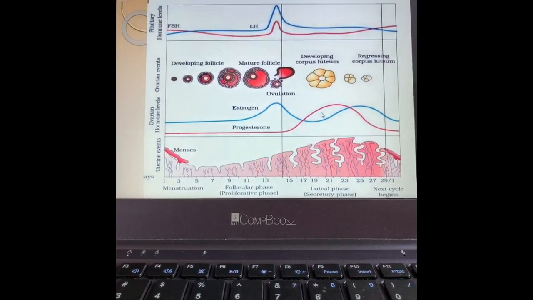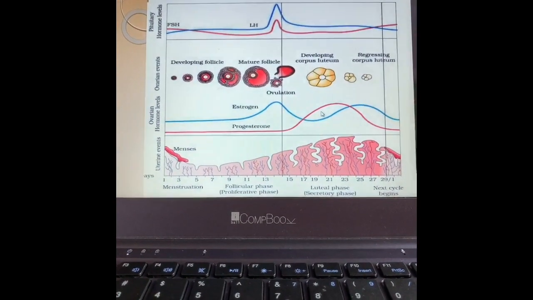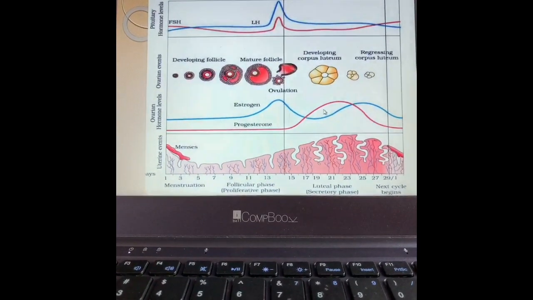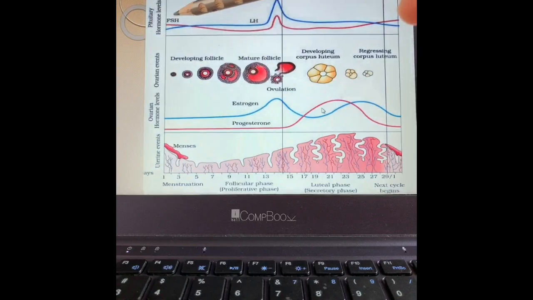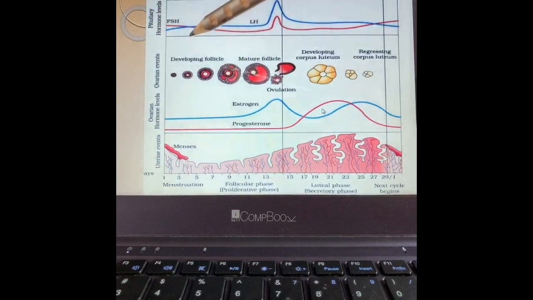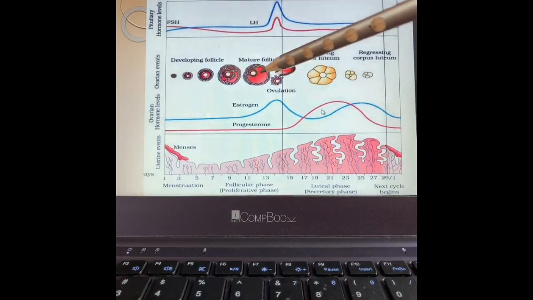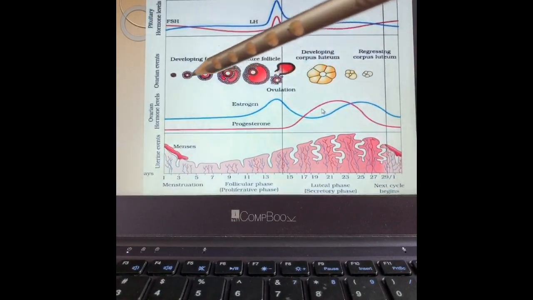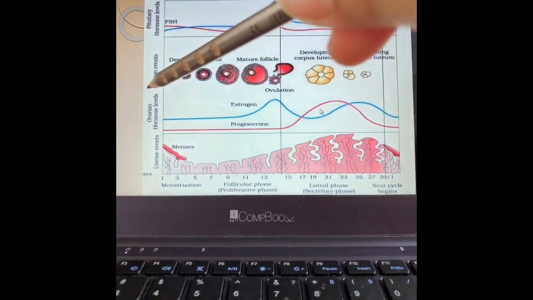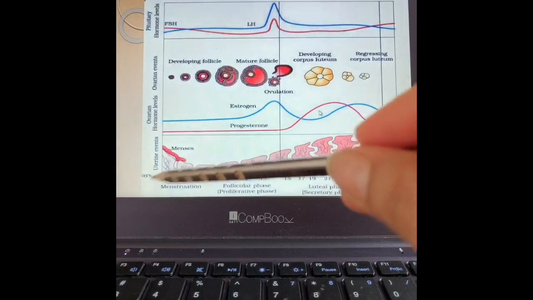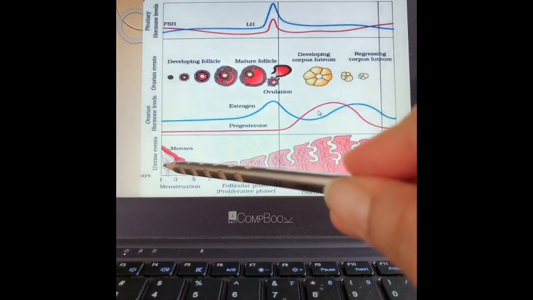Now this is a very important graph. The topmost part of the graph is showing pituitary hormone levels. Then according to these hormones, what are the events occurring in the ovary, what are the ovarian hormones being secreted, and what is happening in the uterine wall.